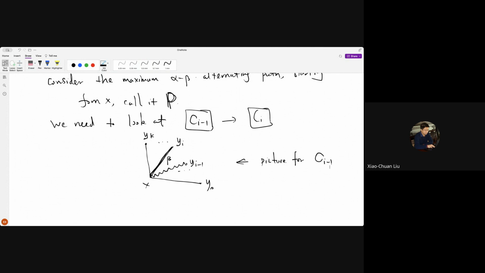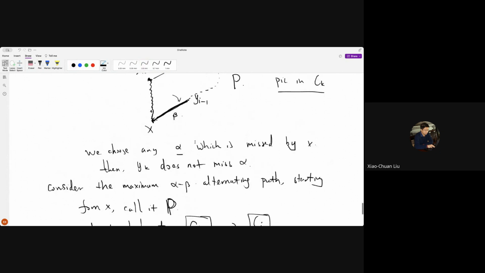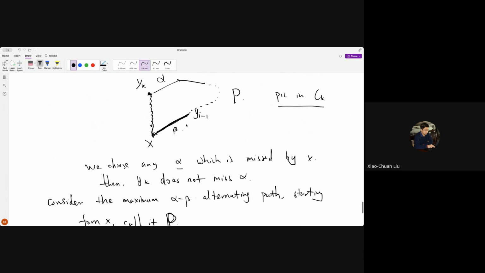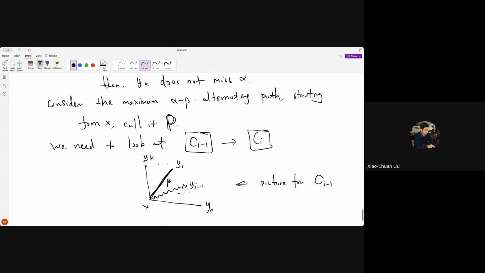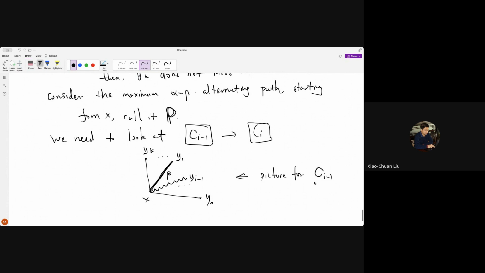So the next step, if you remember our definition, when we try to obtain C_i, we move this here and result in this picture. So this edge is colored beta because it must be in color C_{i-1}. It was colored for the edge x y_i.